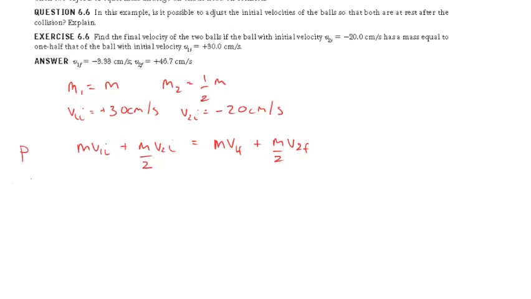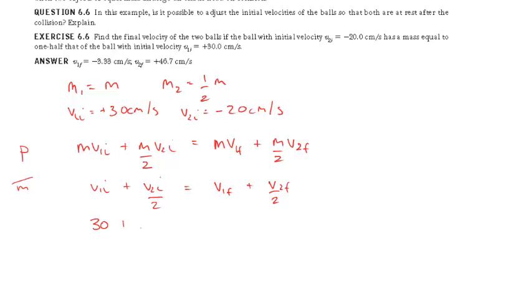So if we divide through by mass, we can eliminate this. We end up with just v1i, the initial velocity of the first object, plus half the initial velocity of the second object, equal to the final velocity of the first object plus half the final velocity of the second object.